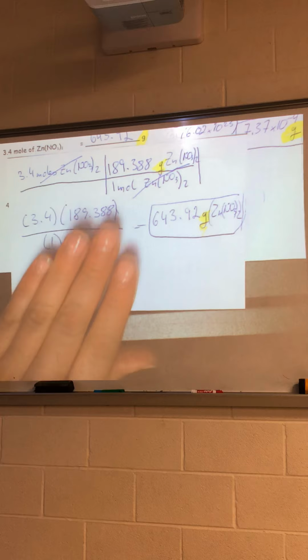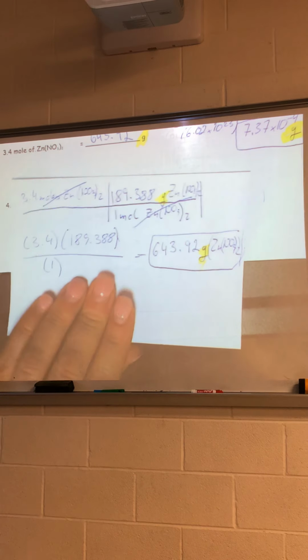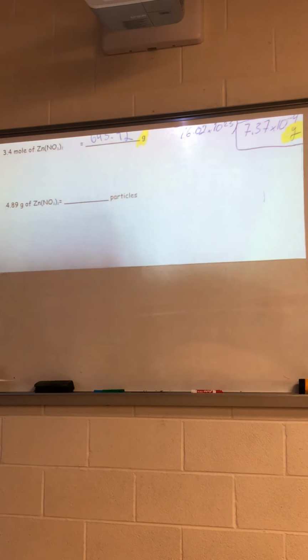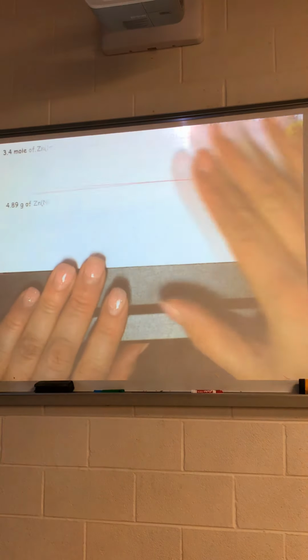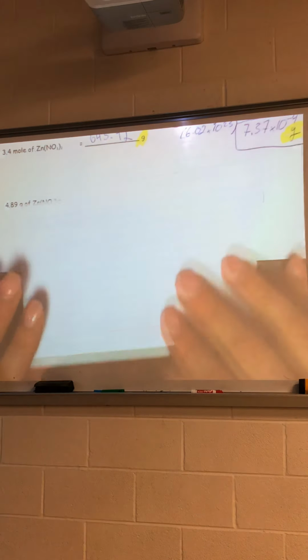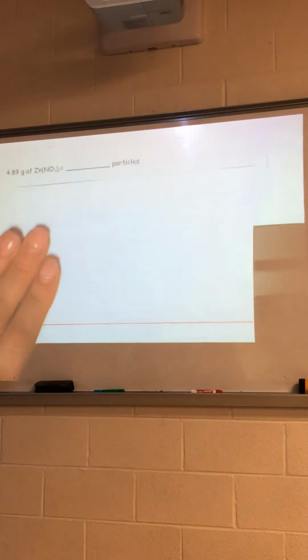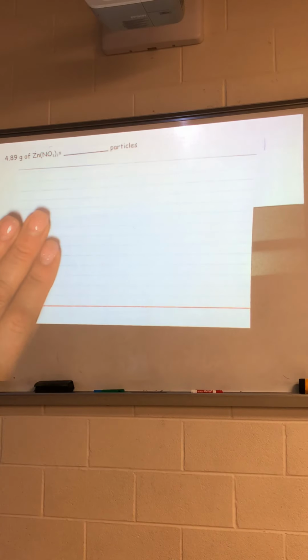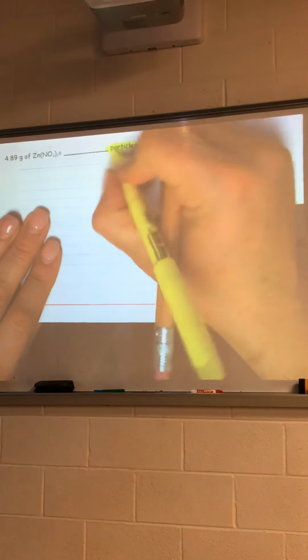All right, the last problem also involves zinc nitrate. I will just move this page to another side. What you have here is, first of all, you want it in particles, right?